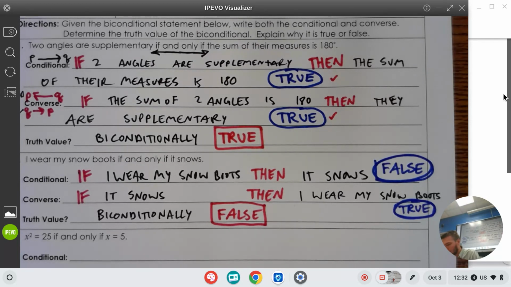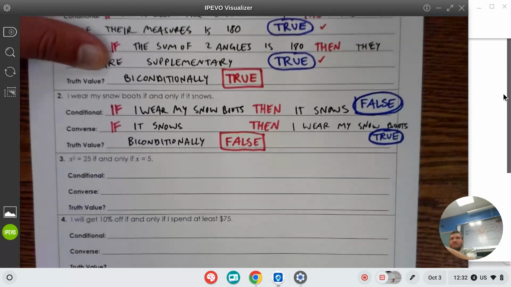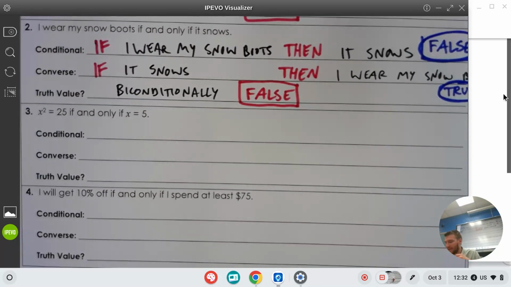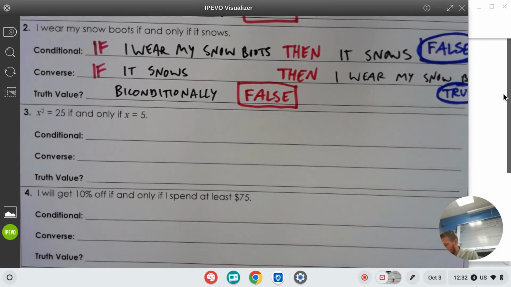Okay, let's do one more. Do you want to do the mathy one or the 10% off one? 3 or 4? Okay, I heard a couple people say 3, we'll do 3. Sorry if you said 4, I just didn't quite hear you loud enough. Number 3: x squared equals 25 if and only if x equals 5. We got to make sure that it makes sense forwards and backwards.